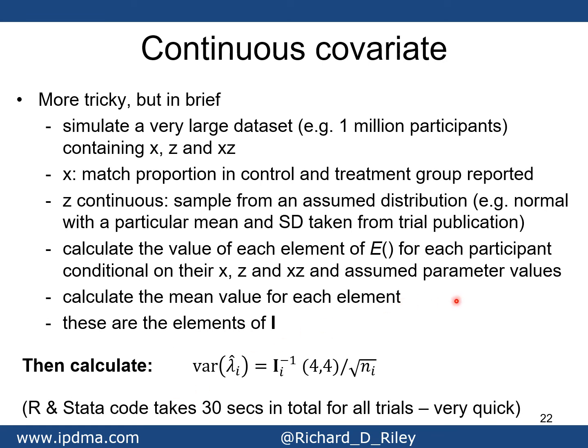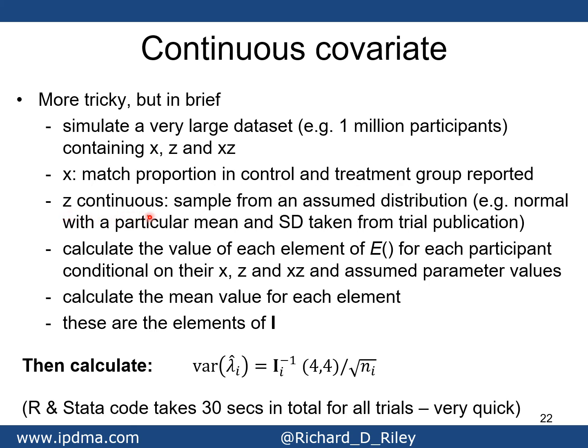For a continuous covariate, it's similar but slightly more tricky, because you haven't got that nice, neat decomposition of the unit information matrix for different categories of the binary covariate anymore. So what we're going to need to do is simulate a very large data set, and our Stata and R packages do this for you. For example, you could have 1 million or 5 million participants containing the correct distributions of X and Z. We're going to match X in terms of the proportion of people in the control and the treatment groups.